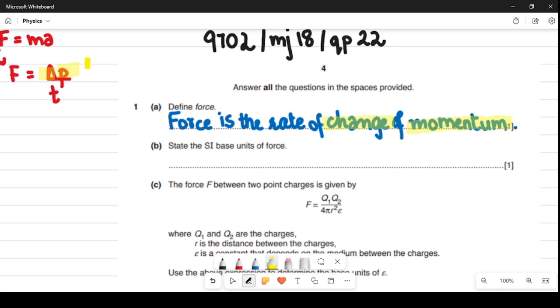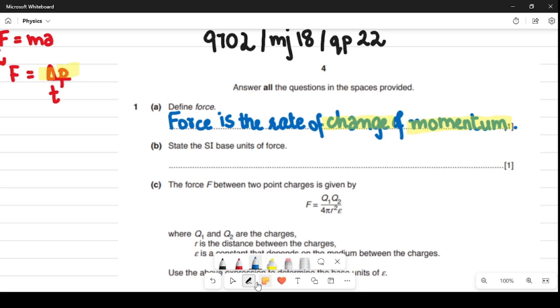So whenever we have to change or not use the word per unit time, we bring in rate. Rate and per unit time are interchangeable. So if you don't want to use rate, you would have to use per unit time. Okay? But I would suggest using rate. It's shorter. Why do you need to write the whole 3 words? Just write rate. Force is the rate of change of momentum.